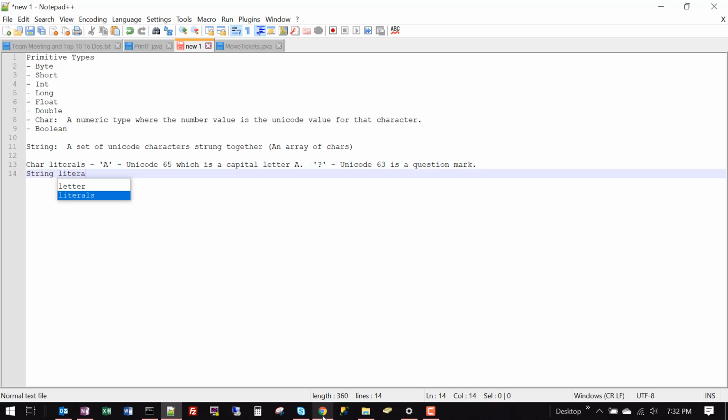String literals, and strings are the only reference type that truly have literals, are done with the double quote.